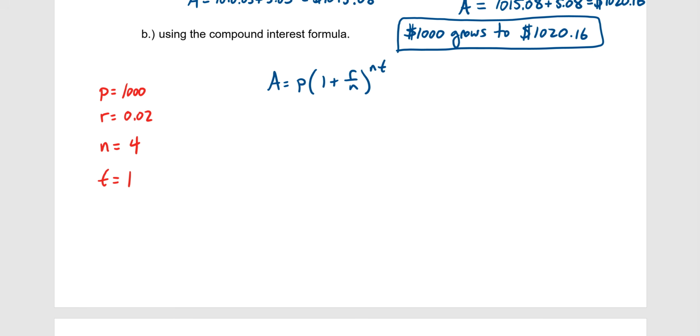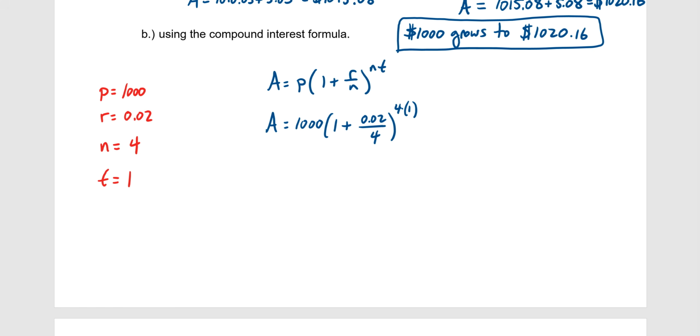And let's go ahead and plug them in. So the total amount is going to be 1,000, plugging in for P, times 1 plus R over N, which is 0.02 over 4, raised up to the NT, which is 4 times 1, which is obviously 4.